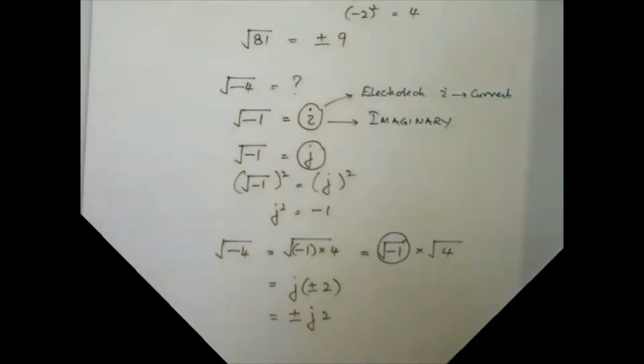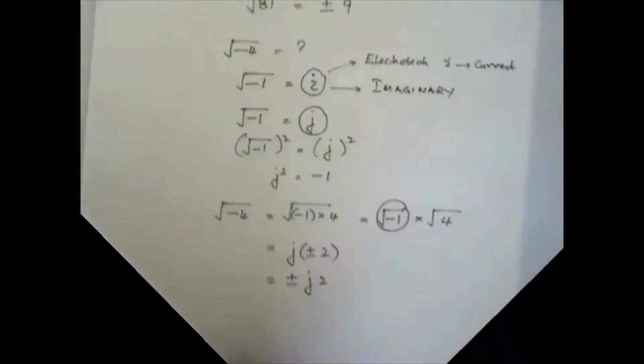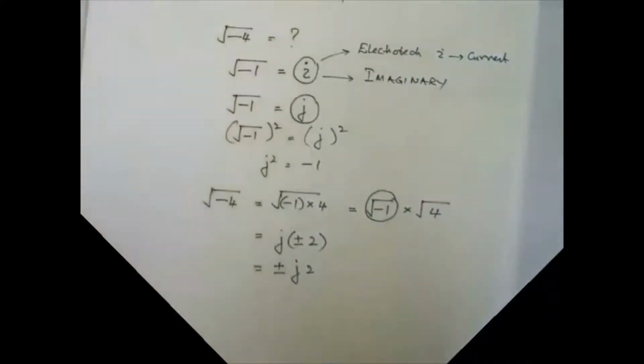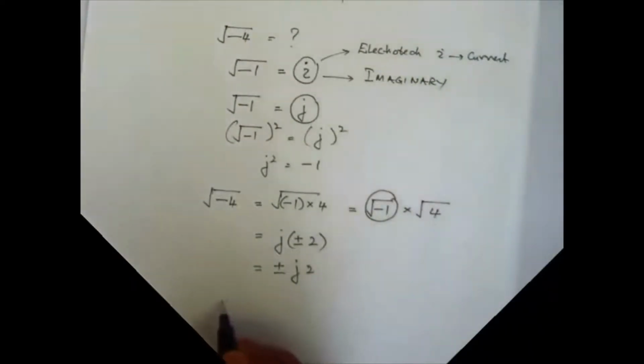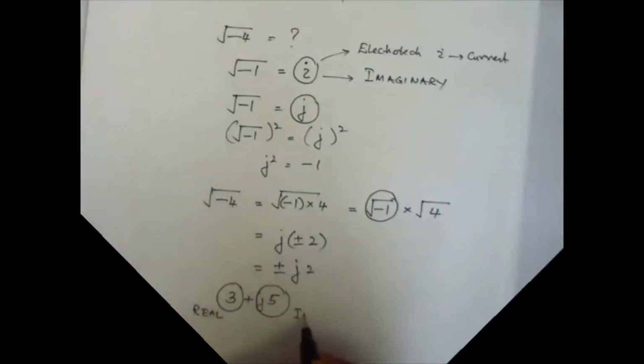to denote that it is an imaginary number. So when you say complex number, any complex number can have a real part and an imaginary part. Say a number like 3 plus j5, we say that 3 is the real part and j5 is the imaginary part.